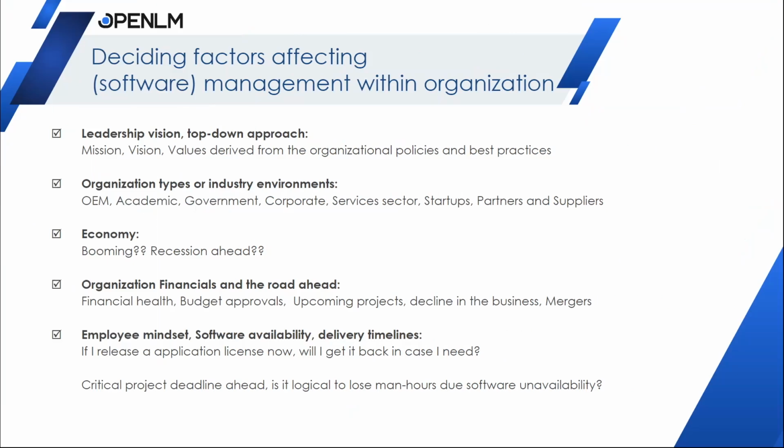Each organization is different from the other one. Let's see some of the factors which affect software management. Leadership vision and top-down approach that decides how organizations' resources should be utilized and what are the best practices. Different type of organizations.